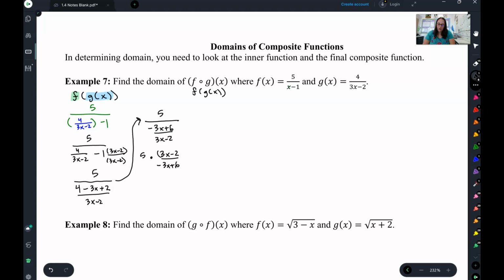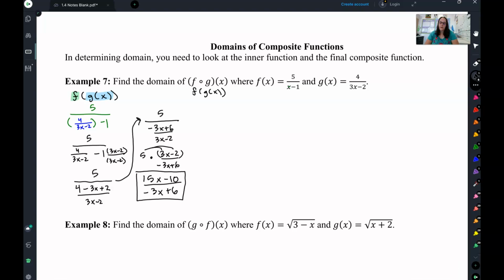And now I can distribute that 5 in to get 15x minus 10 all over negative 3x plus 6. So there is my f of g of x. That's my function. But that's not really what it's asking for. It's not asking for what f of g is. It's asking for the domain of f of g.